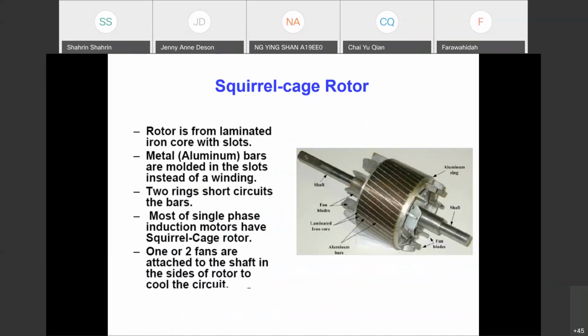So this is the squirrel cage rotor type. As you can see here, we have installed a blade. This blade will also act as a fan to cool down the temperature of this rotor. Okay, so when it rotates, it will produce mechanical power, and at the same time, due to the rotation, we use this blade to cool down the operating temperature of the motor.